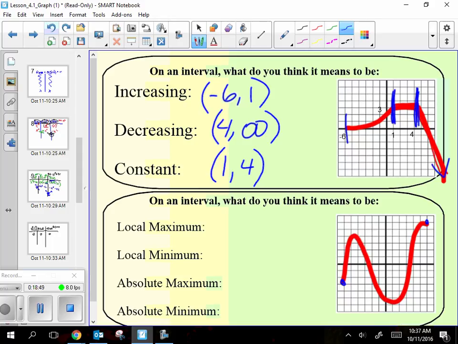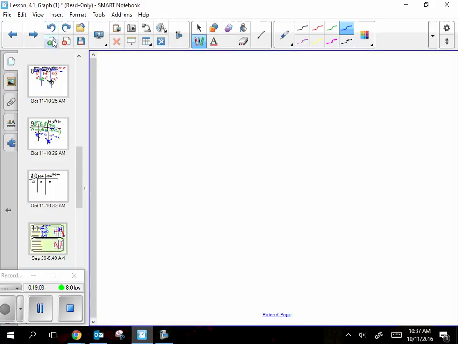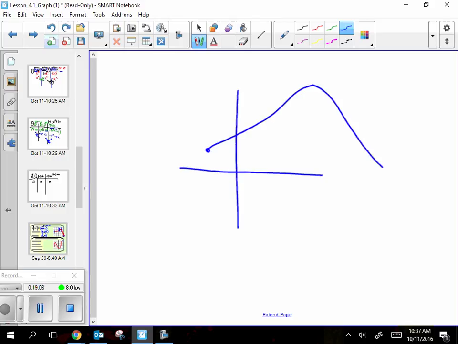All right, so now let's go. Here's another key point. These are x values, not points. You get how that's not the point, -6, 1. It's a totally different thing. These are both x values. So if I had a graph that looked like this, and here's -3, 2, and here's 8, 7, the question would be, where is it increasing?